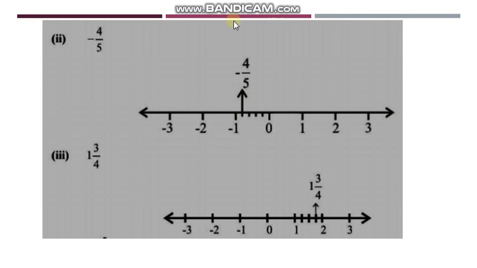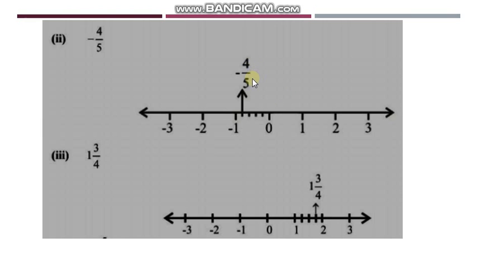Next number is a negative fraction, minus 4 over 5. So it must be on the left side. Again we have drawn a number line, and on the left side, after converting into decimal, minus 4 over 5, we know that this number is lying between 0 and minus 1. It is greater than minus 1 and less than 0.